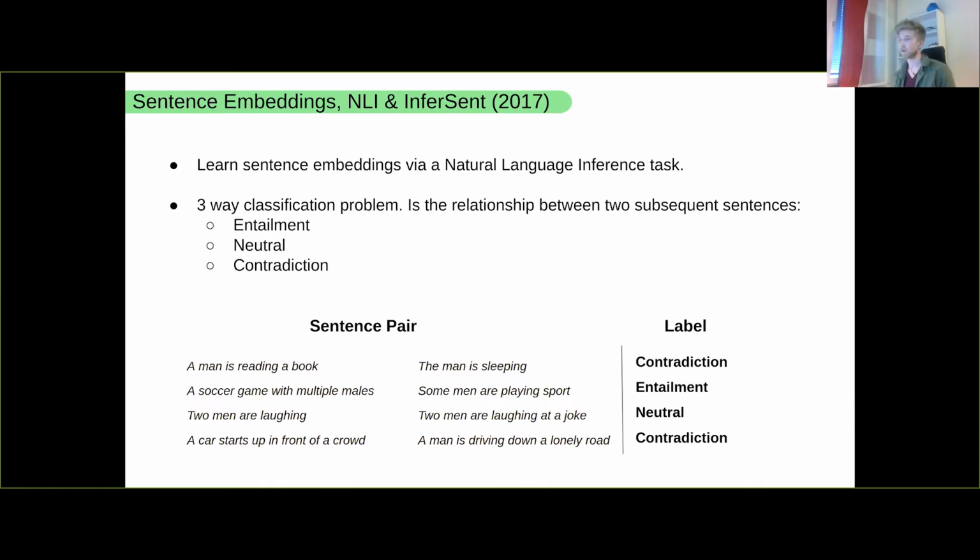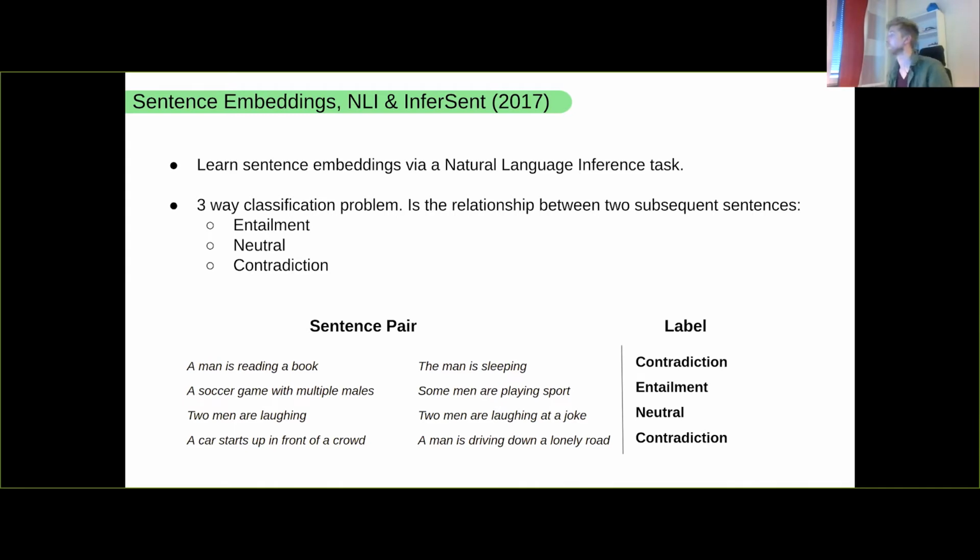And it's common in NLP to formulate a natural language inference task as a classification problem. So you pass 2 sentences to the model, and we ask the model whether the relationship between these 2 sentences is an entailment, a neutral, or a contradiction, right?